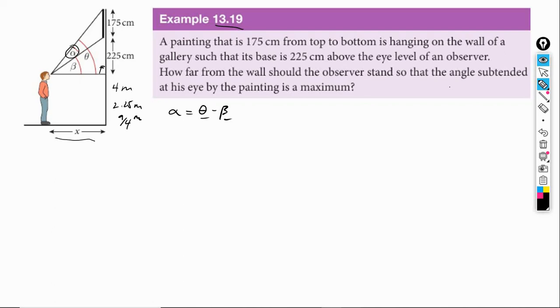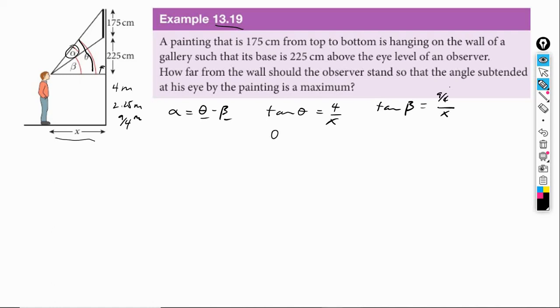Very simple. We know that tangent of theta is going to equal 4 over x, right? Because this is theta, the larger angle. We also know that tangent of beta will equal 2.25, so 9/4 over x. And then, because this has to be in terms of theta and beta equaling something, right?